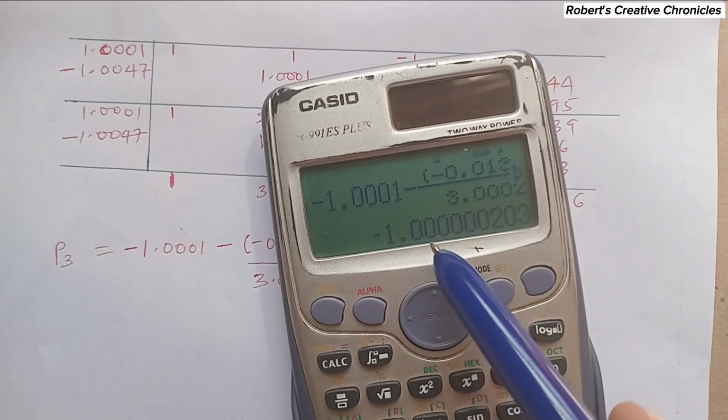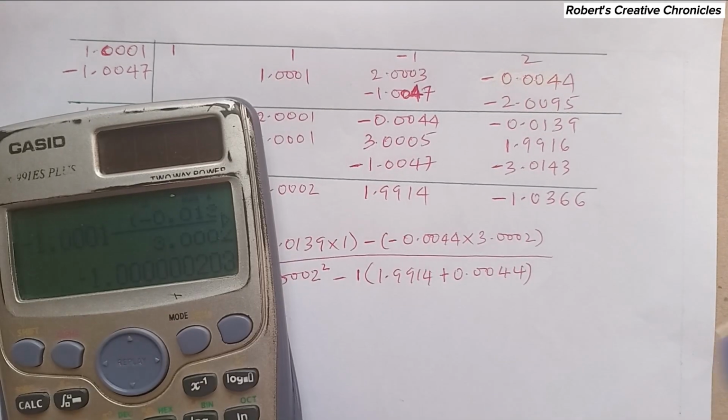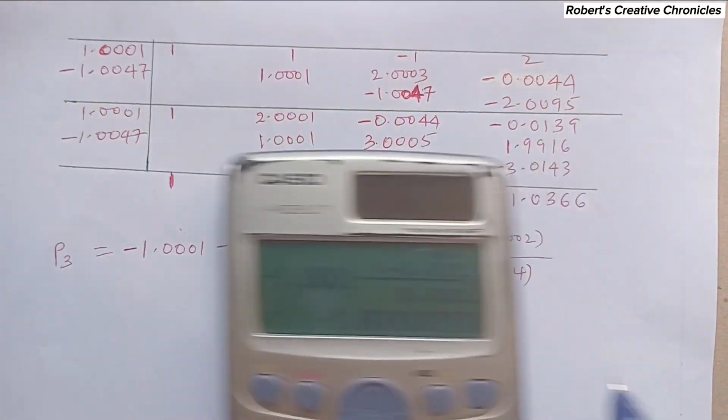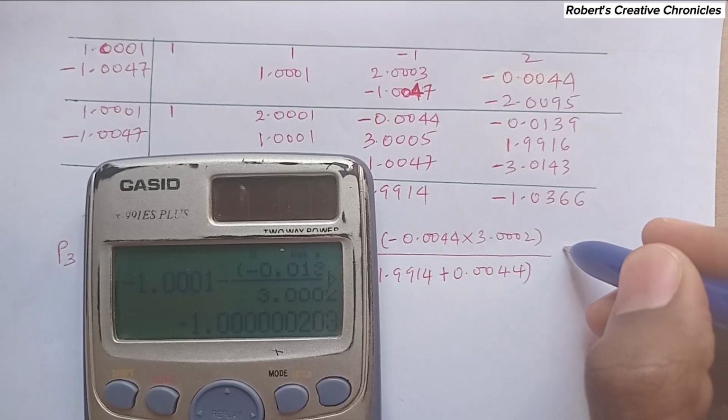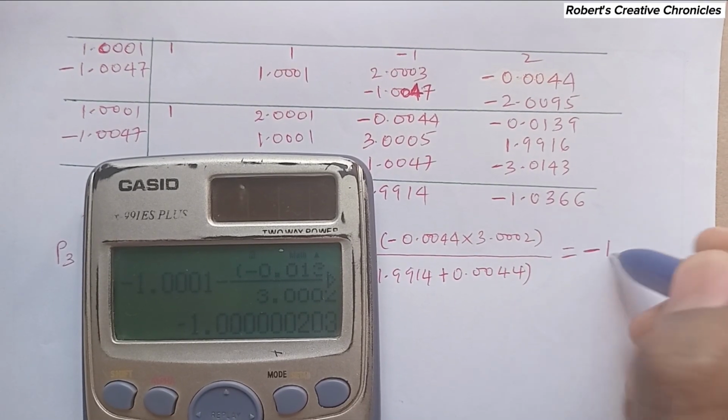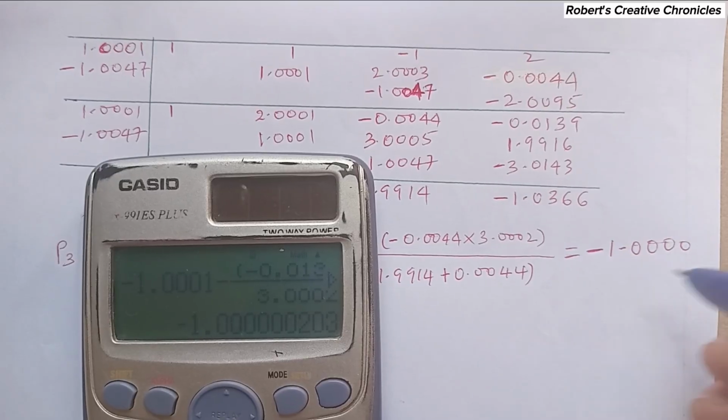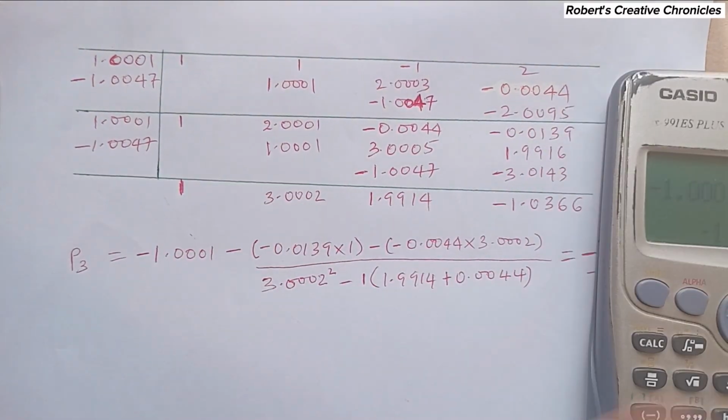So this is equals to negative 1.0000. So this equals to negative 1.0000.